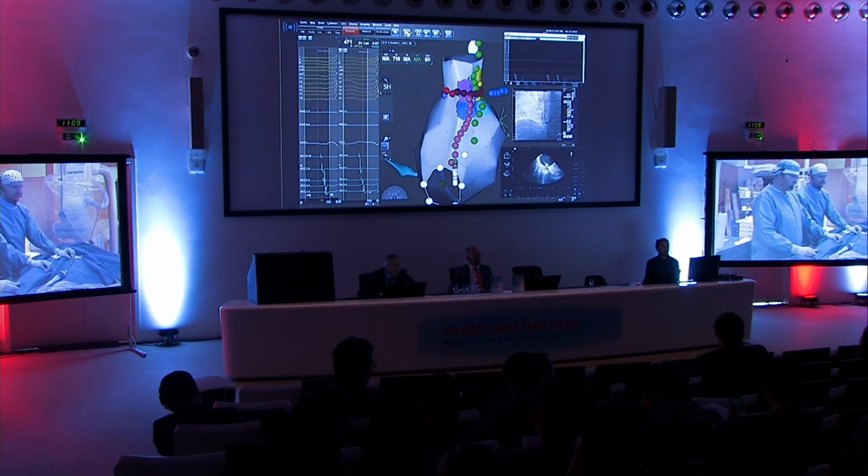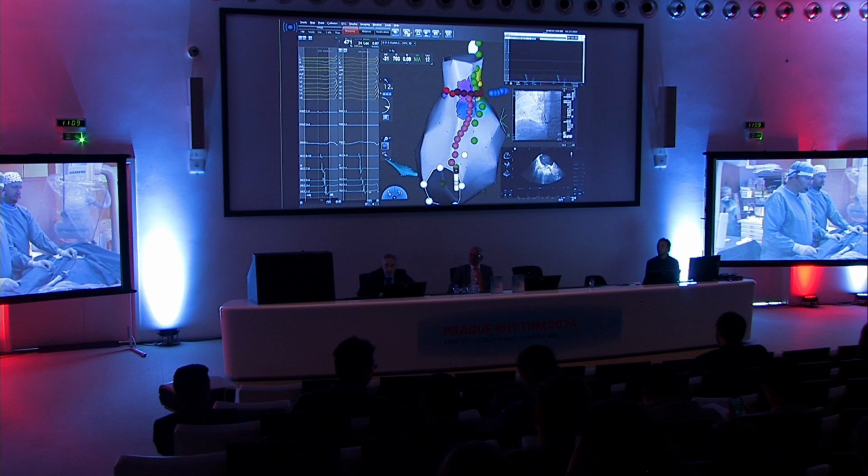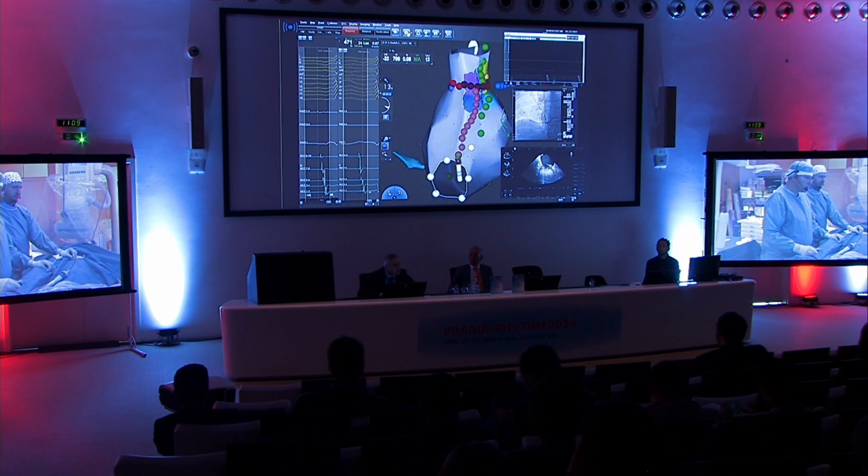It's also probably financially more attractive than implanting pacemakers all his or her life. The problem is the extraction of the explant. It's better to explant after 1 year rather than after 20 years.